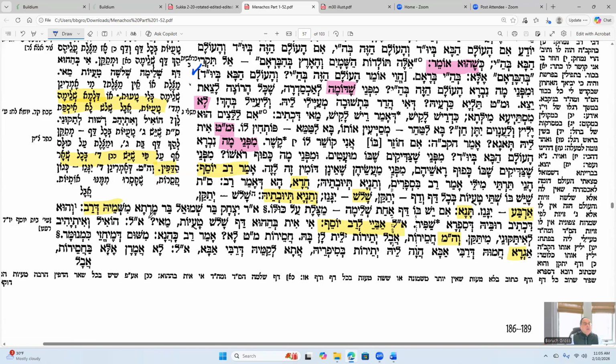Do we say you need a perfect column in order to save the rest? Or maybe it only has to be perfect enough that it doesn't have four mistakes, but three doesn't bother us. So Rav Yosef answers, since you have permission to fix it, you can fix it, and then it doesn't have any mistakes, and then it can save the rest, even if the rest have more than three mistakes.